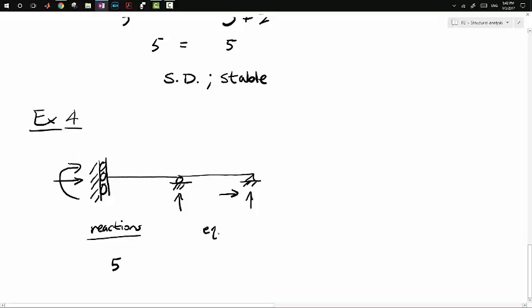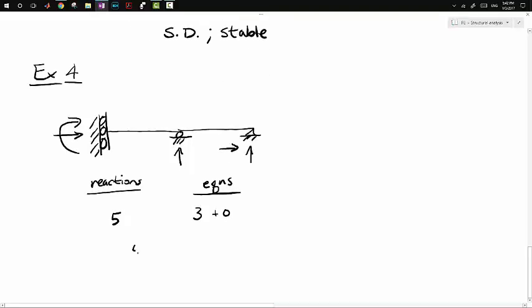And our equations, we have 3 plus 0. We don't have any internal hinges or internal rollers, so 5 is greater than 3. So this is statically indeterminate, and the difference between the reactions and the equations is the degree of indeterminacy.